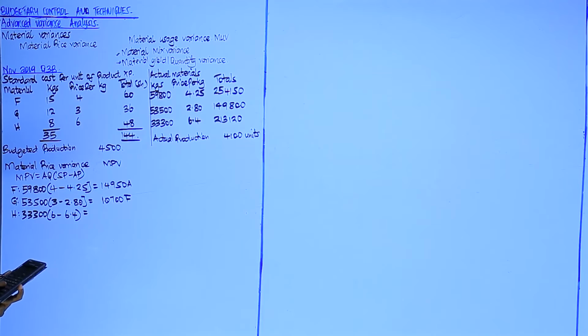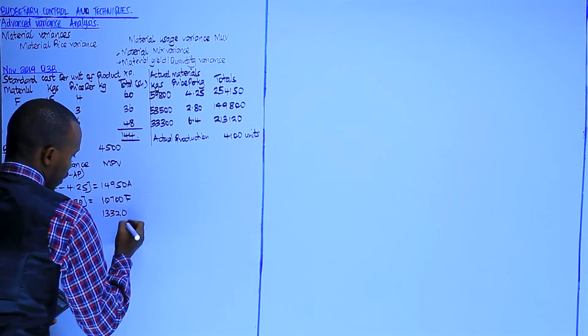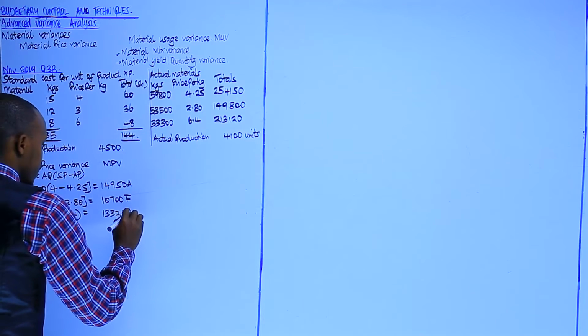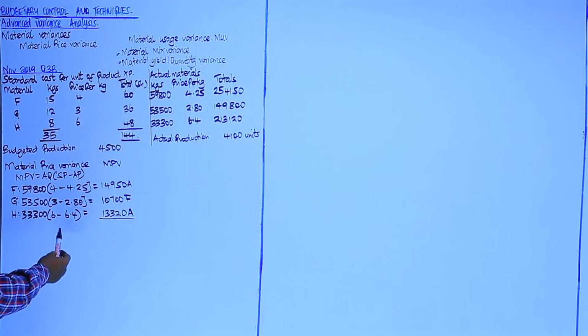For H, 6 minus 6.4 gives 13,320, which will be adverse. Why? Because you bought at 6.4, but you had budgeted to buy at 6.